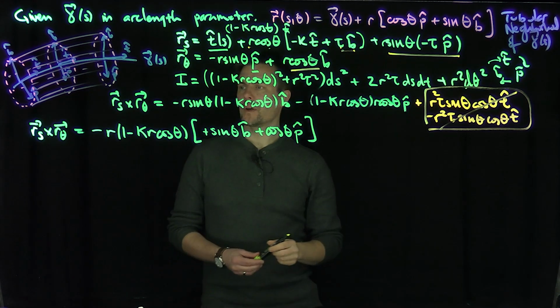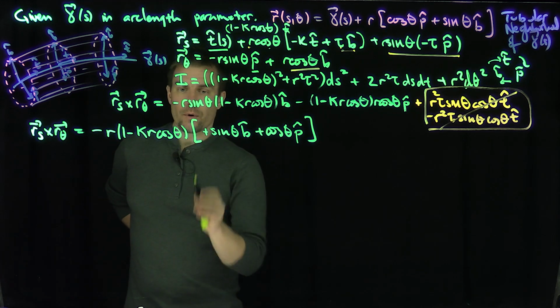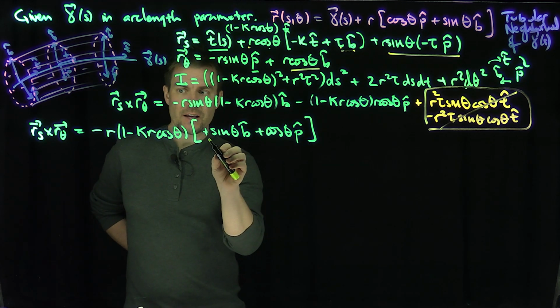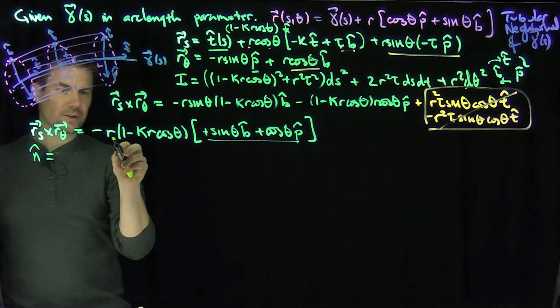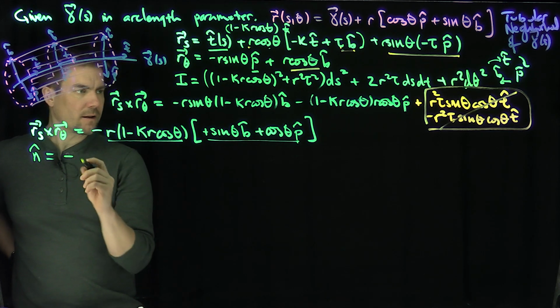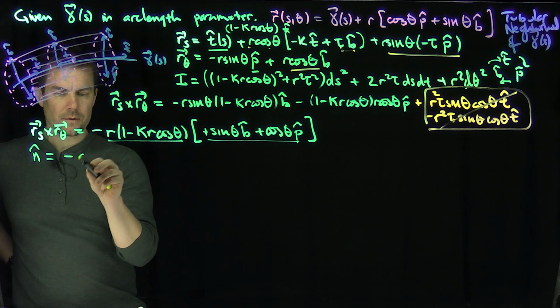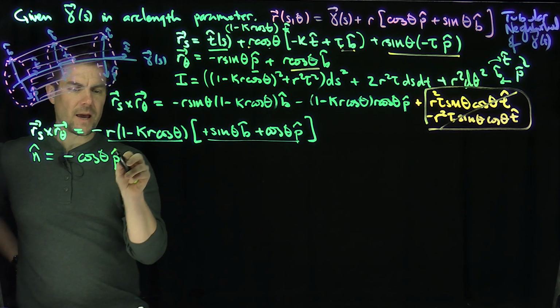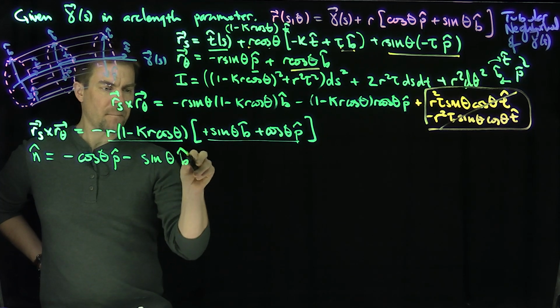Like that. Beautiful. Now, what does that tell me about my unit normal vector? My unit normal vector, therefore, is just going to be this expression over here on the interior, right, up to this negative sign. So my n hat, therefore, that's just a constant multiple, right? My n hat is going to be negative, what? Negative cosine theta p hat, negative sine theta b hat.